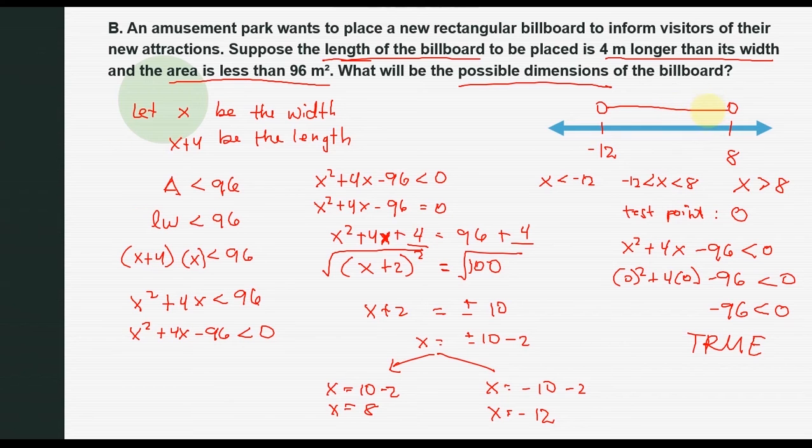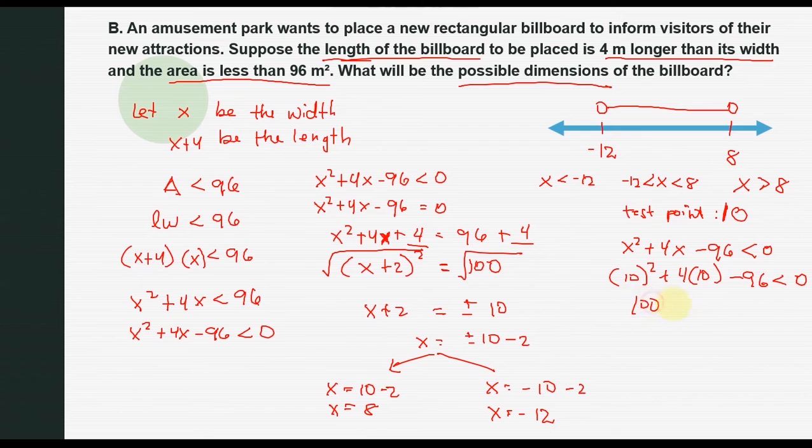Next, for the last interval, we're going to check x is greater than 8. Again, think of the easiest number that is greater than 8, and I think we're going to use 10, since 10 can easily be solved, right? So again, erase this one, and let's do the substitution. 10 squared plus 4 times 10 minus 96 is less than 0.